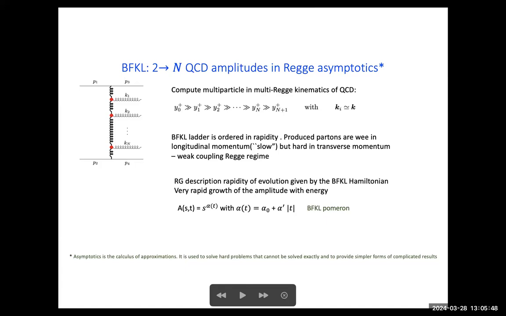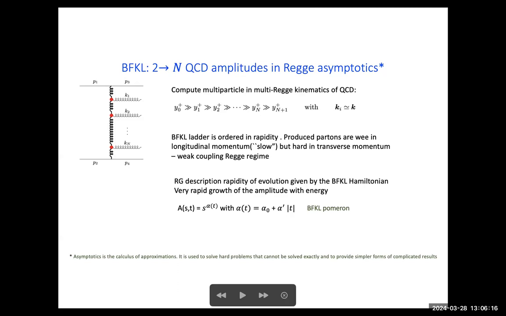But in this case, this is a weak-coupling construction. And so this tells you that the amplitudes grow very rapidly with the energy. And this is what we see in experiments. Experiments see cross sections rising extremely rapidly, and then you have copious multi-particle production. And in fact, that fundamentally explains why you produce lots of particles at the LHC.